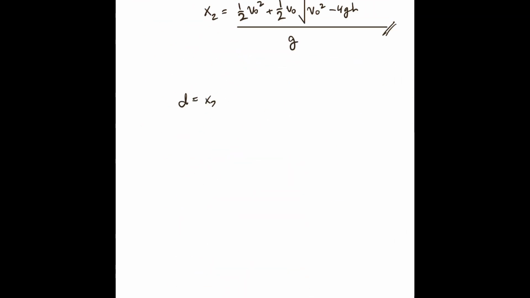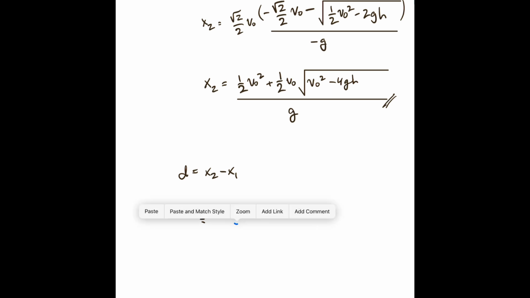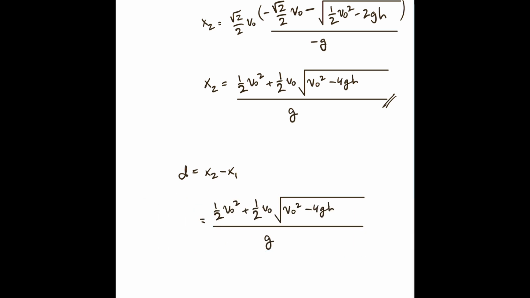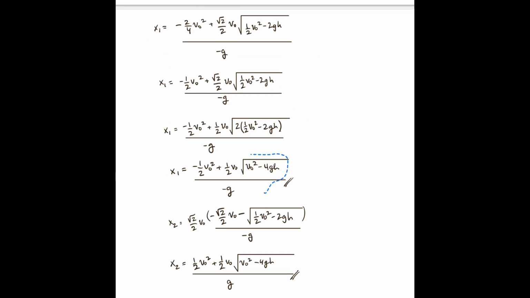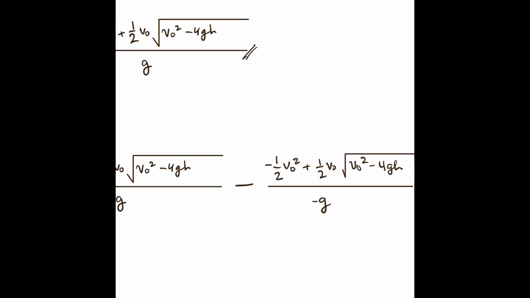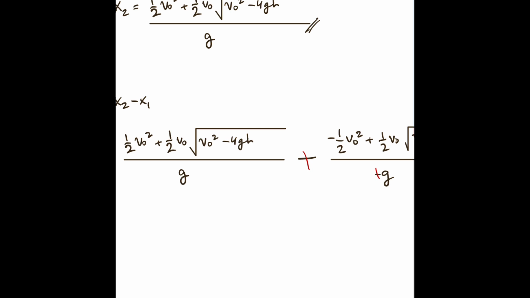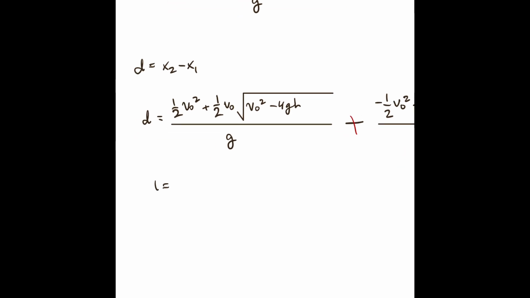Now just to find the distance, remember at the beginning we defined delta x as x2 minus x1, which is equal to d. So we'll simply subtract the 2 to find the distance. And this negative will actually cancel with the negative in the denominator.